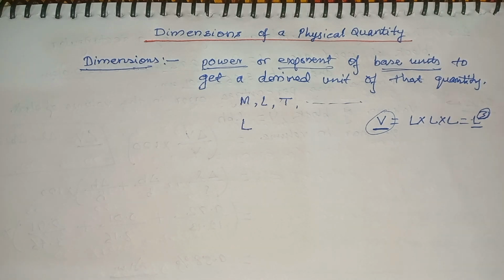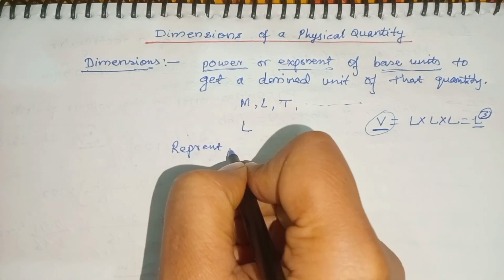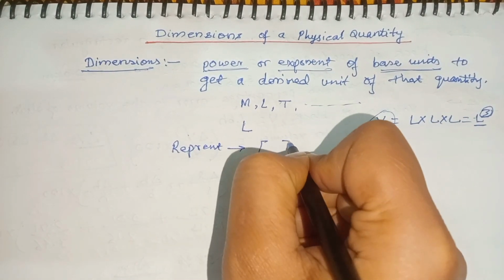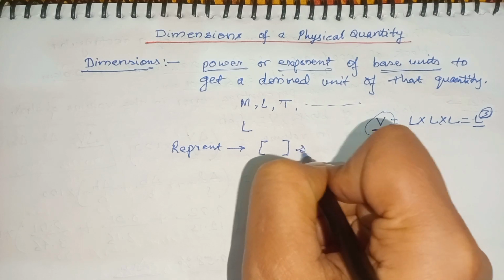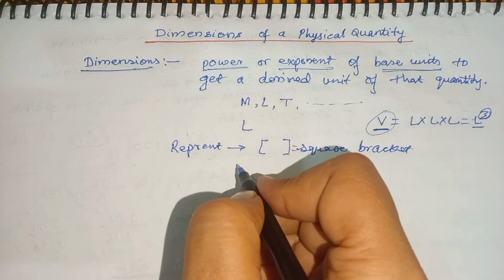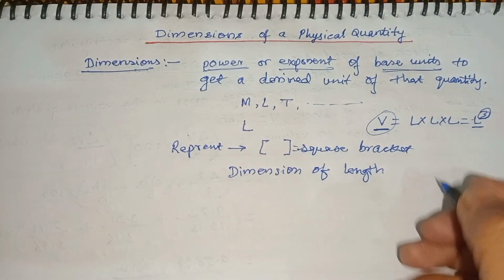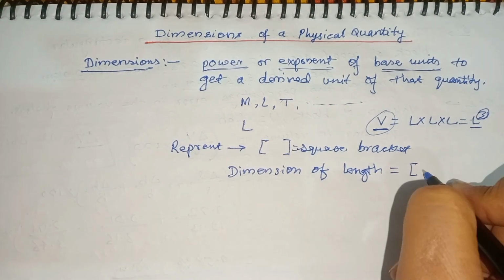Now here we see how we represent a dimension. To represent it we use a square bracket. Suppose we have to represent the dimension of length, we will represent it in this way.